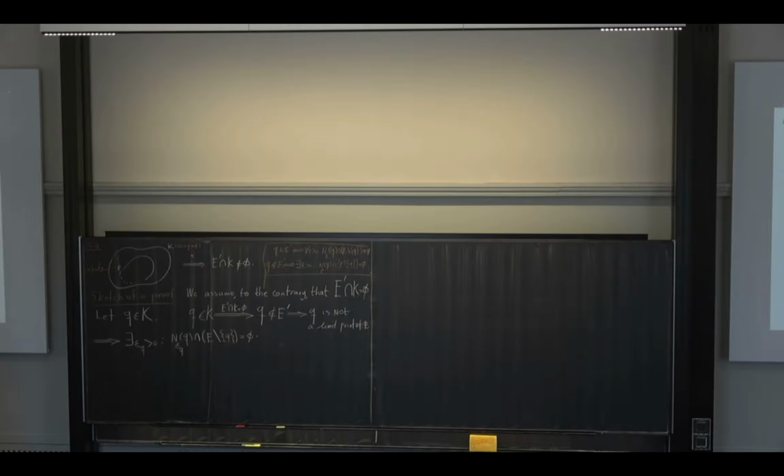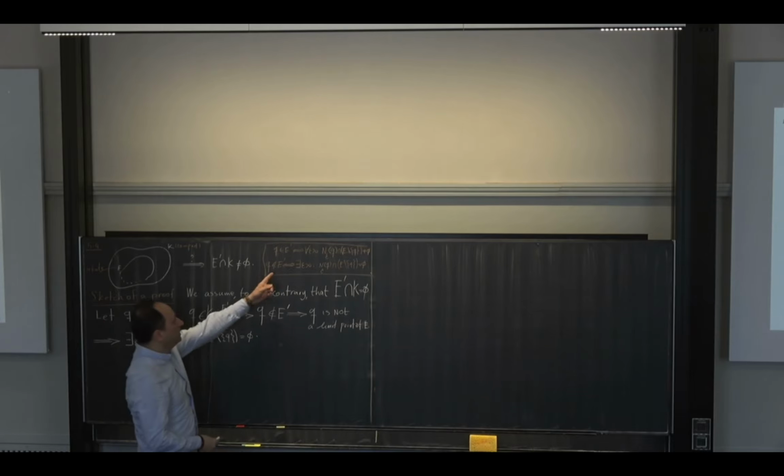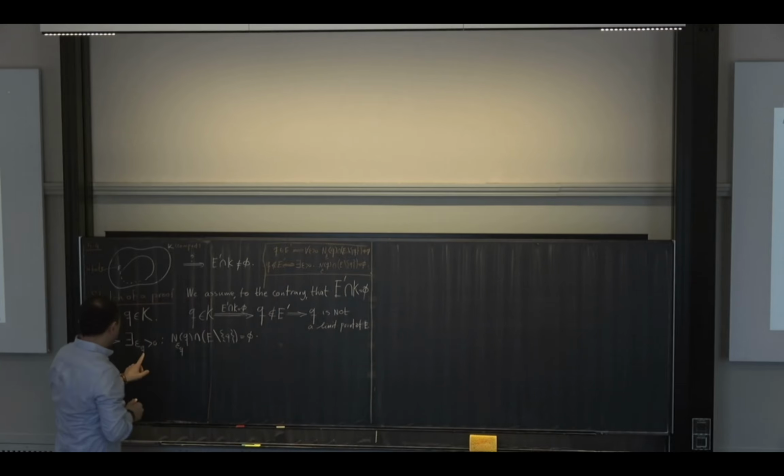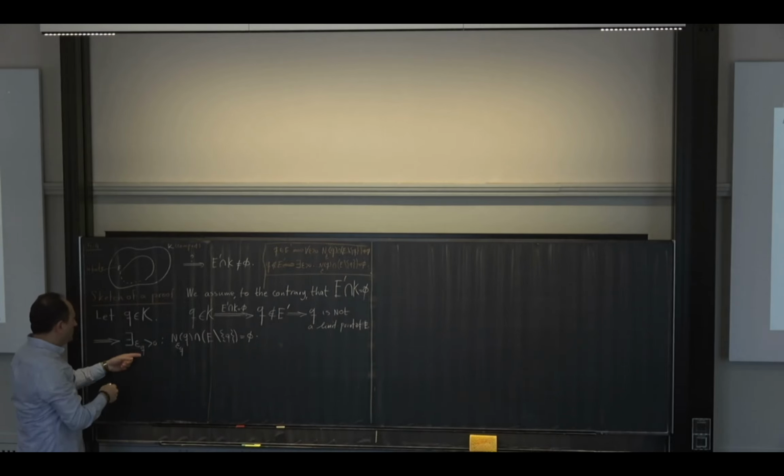Yes? Are you following or not? So I just translated this one. The only difference is that I equip my epsilon with Q because I want to say this for every Q, not just one Q, so that you can see the dependence of this epsilon on that Q.